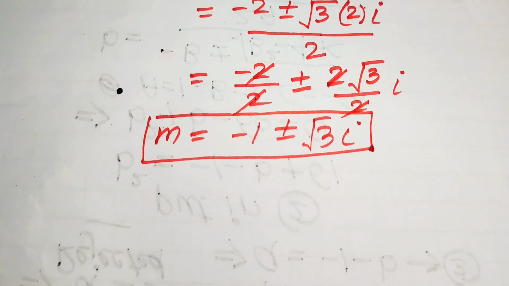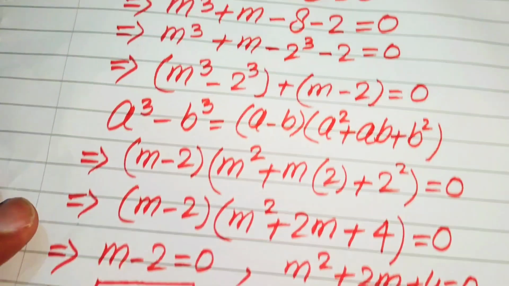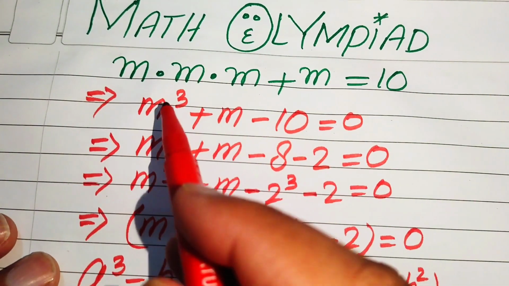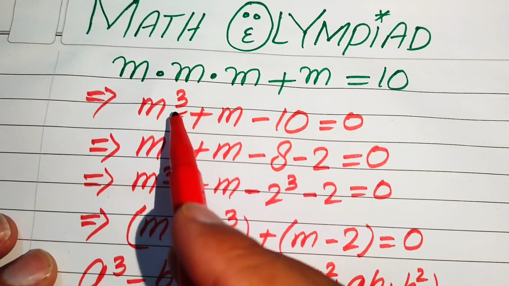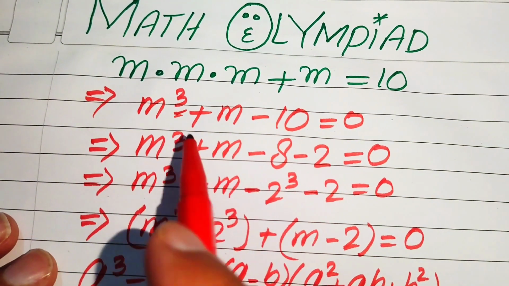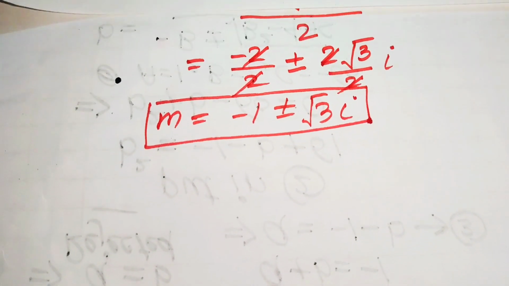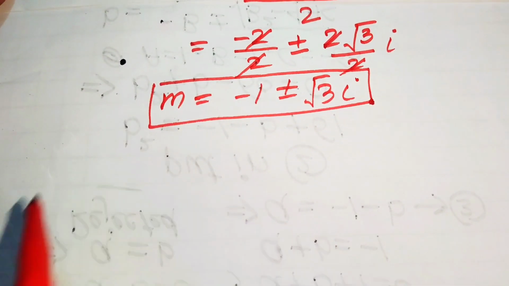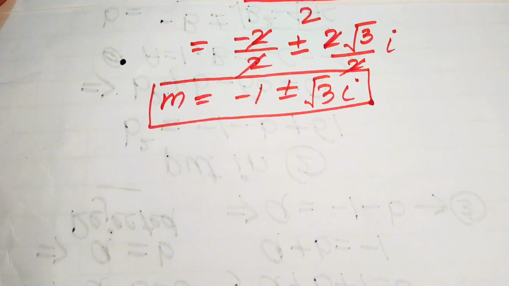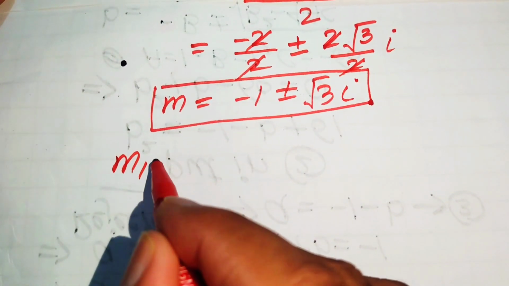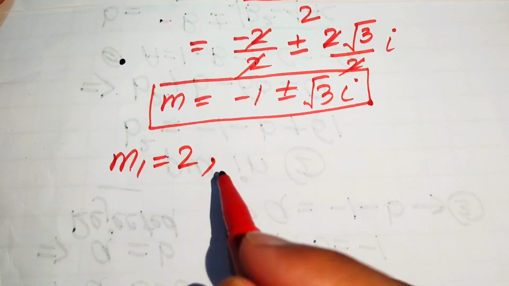Now you see our question statement. In the question statement the highest exponent is 3, so it means that the equation has a total of 3 solutions. Our first solution is m1 equals 2. This is our first real solution.